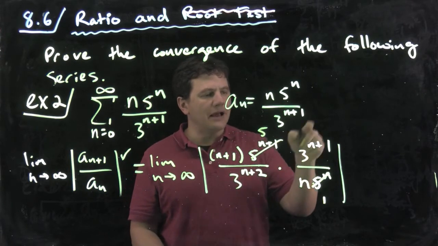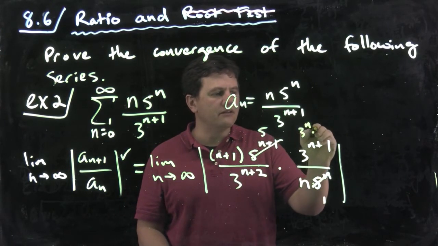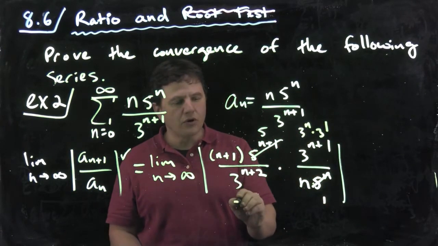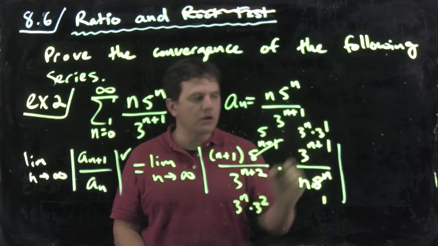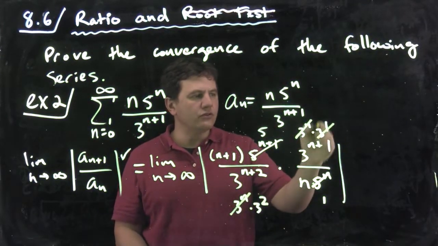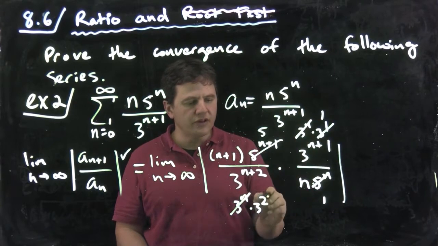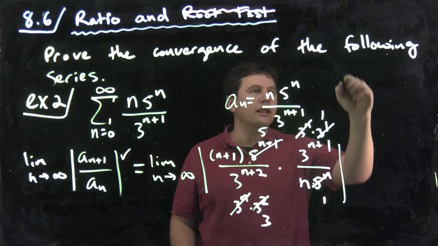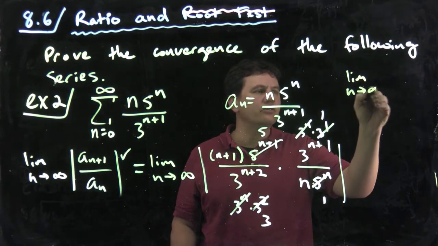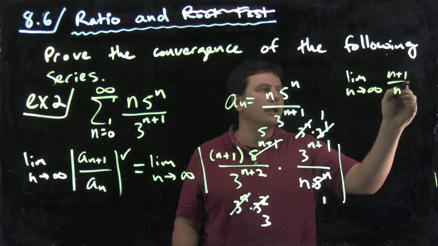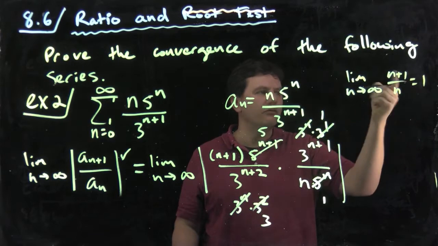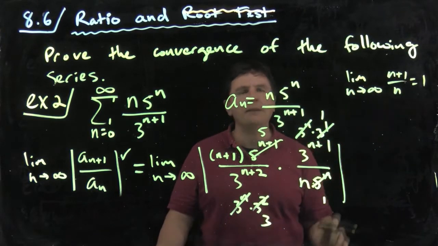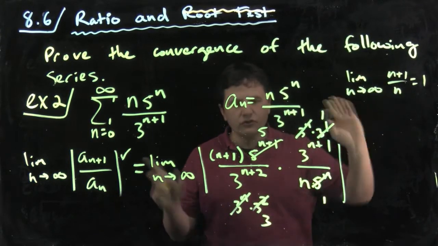Okay, now the 3, we can call this 3 to the n times 3 to the first. This we can call 3 to the n times 3 squared. So the 3 to the n's will cancel. This 1, 3 will cancel, and leave us with 1 for this, and this will leave us with 3. Now all we're left with is n plus 1 over n. And what I want you to understand is as soon as I see this type of thing, I know that this is just going to equal 1 for large numbers, because we're looking at the coefficients, they're the same strength.